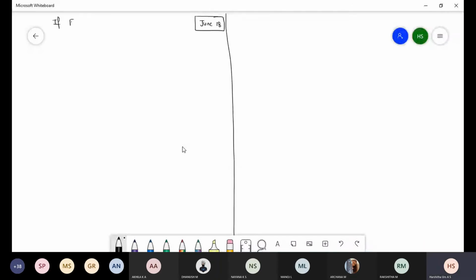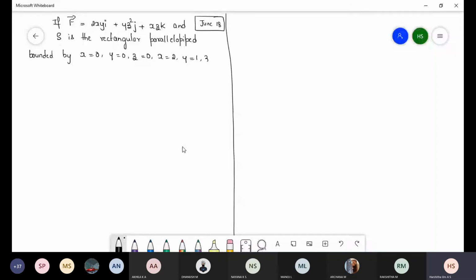If vector f is equal to 2xy i plus yz square j plus xz k and S is the rectangular parallelepiped bounded by x is equal to 0, y is equal to 0, z is equal to 0, x is equal to 2, y is equal to 1, z is equal to 3.